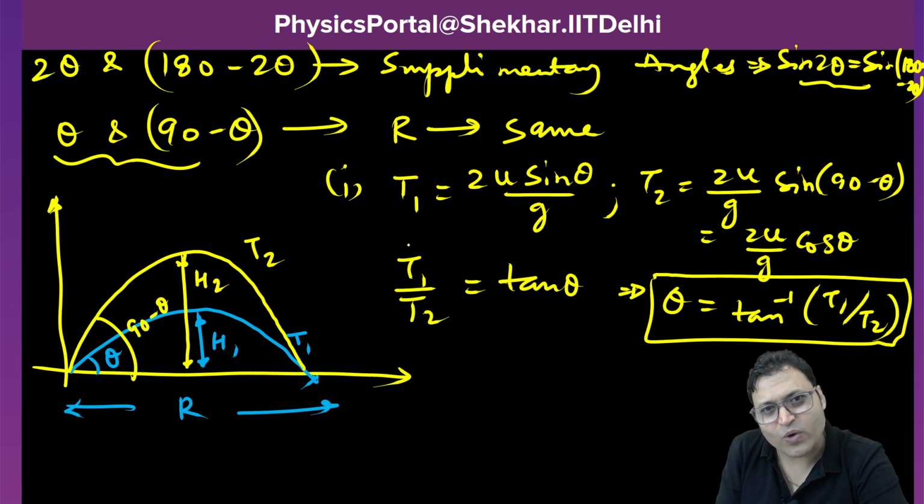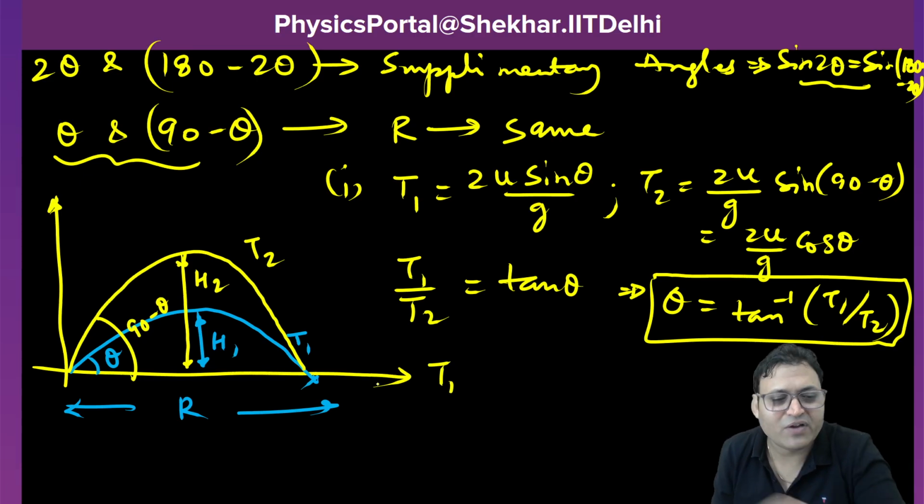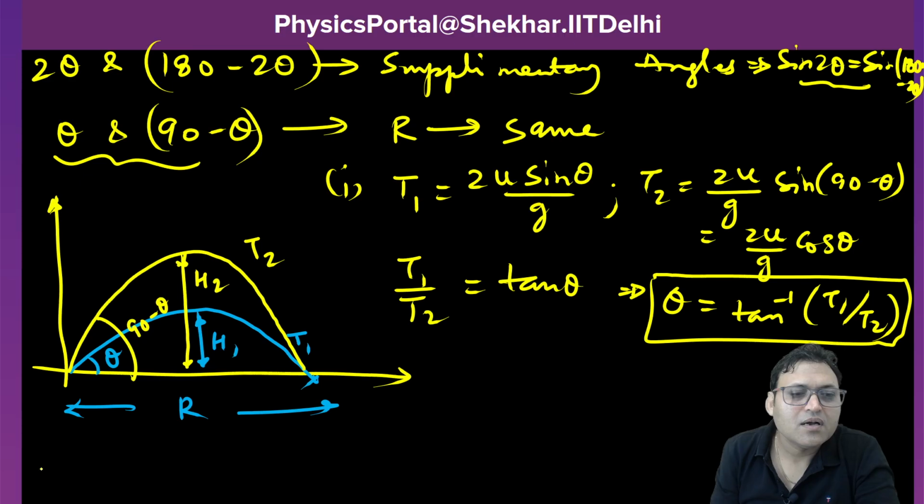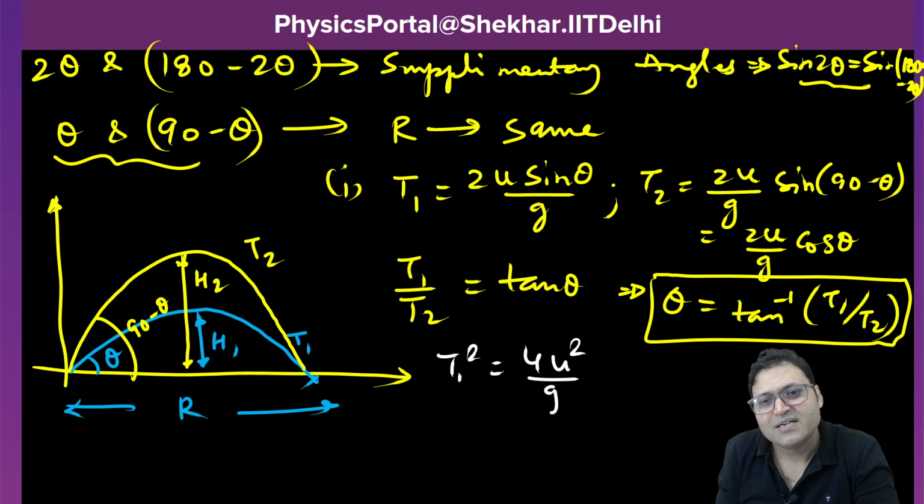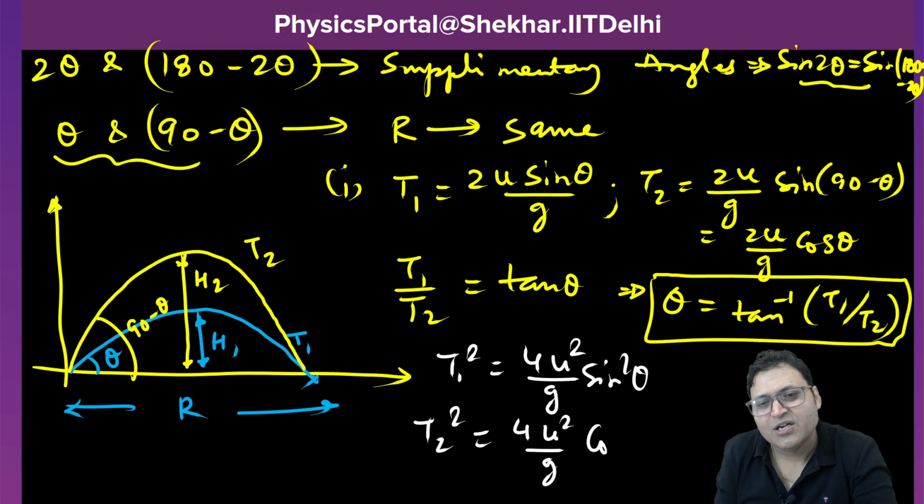Similarly, if we square T1, T1 square will be equal to 4u square by g square sin square theta, and T2 square will be equal to 4u square by g square cos square theta.